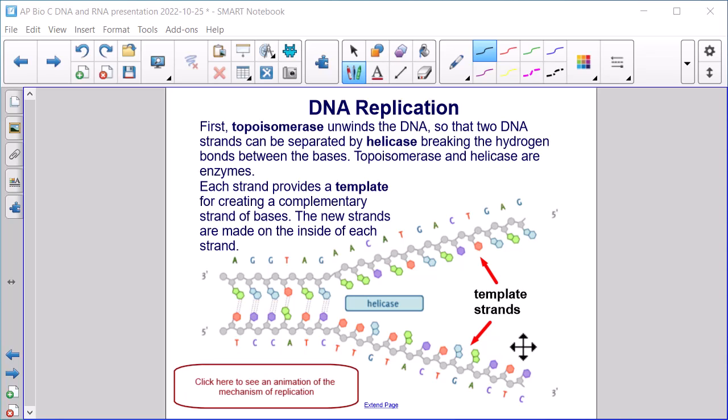Once that's done, each strand provides a template for creating a complementary strand of bases. So we have two template strands now that can be used to create a complementary strand. The new strands are made on the inside of each strand.